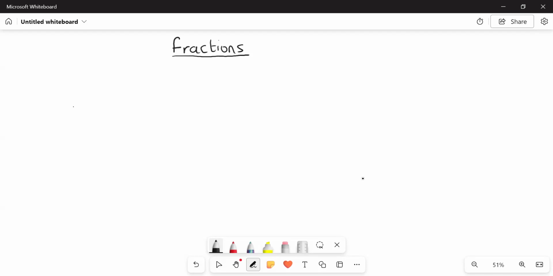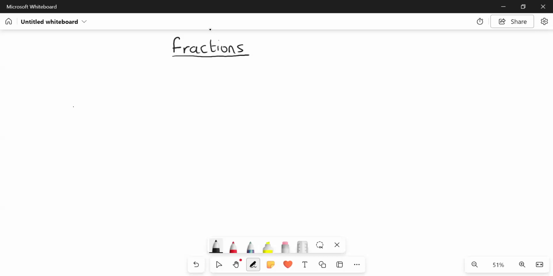So today we're focusing on fractions, grade 9 fractions. Before we even continue, a fraction is made up of a numerator as well as a denominator, right? The numerator is at the top and the denominator is at the bottom.